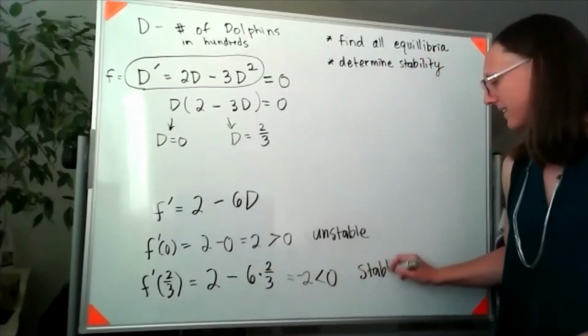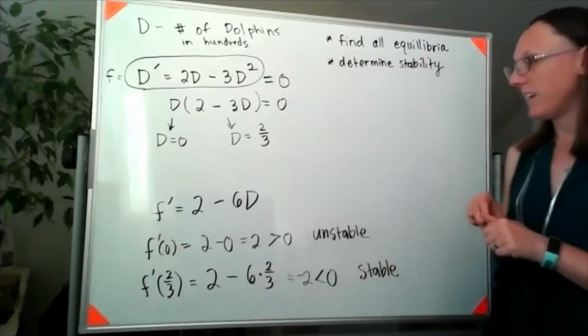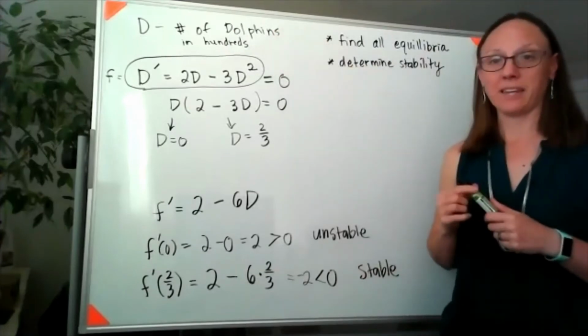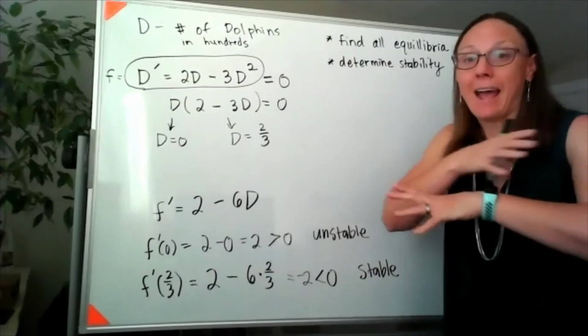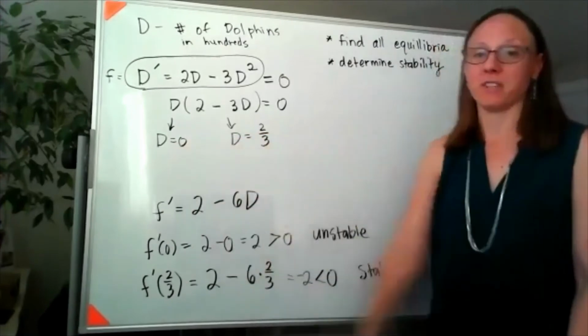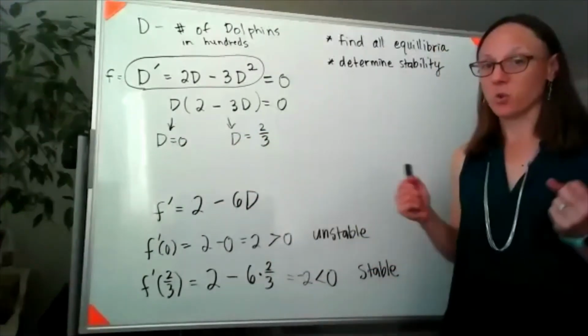So this is stable. That tells me that the long-term behavior for this dolphin population, no matter how many dolphins we start with, as long as it isn't no dolphins, is that the population is going to survive.